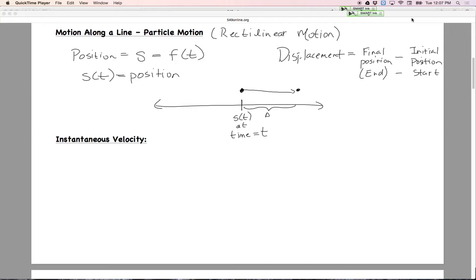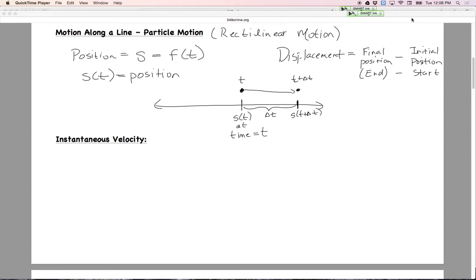Let's call this delta t. So if delta t took place, and this right here is time t, what would this be? t plus delta t. So what would its new position be? At time t, it's s of t. What would its new position be if the new time is t plus delta t? s of t plus delta t.